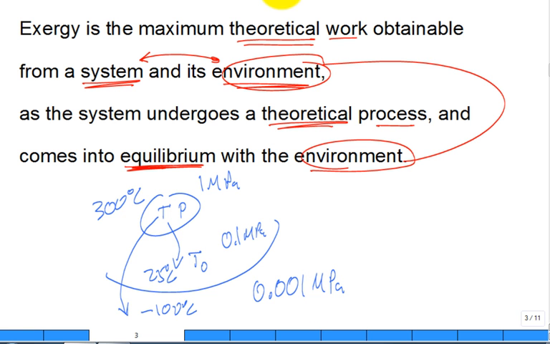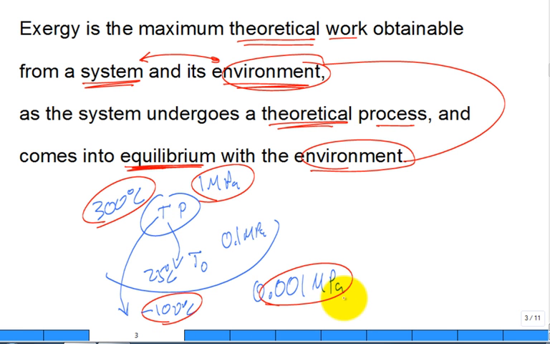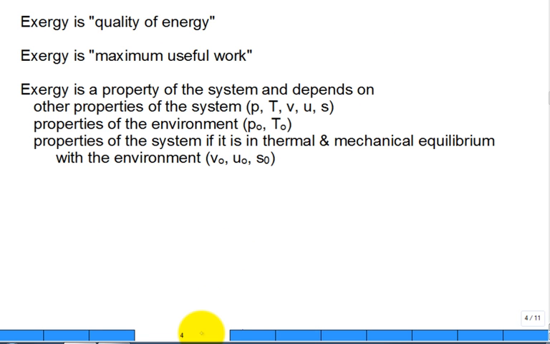I like to say think hot and high pressure, but it also could be super cold and a vacuum, and you could still make useful work. But once it gets to thermal equilibrium and mechanical equilibrium with the environment, you're dead. You can't make any more work out of that system. Make sense? Good. Give me the final exam then.